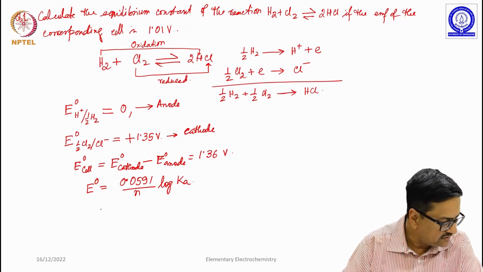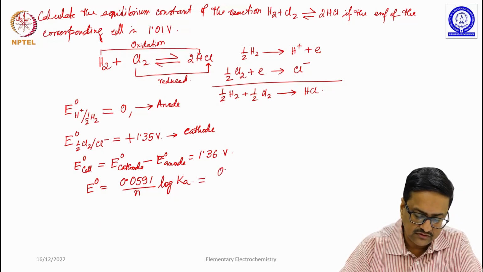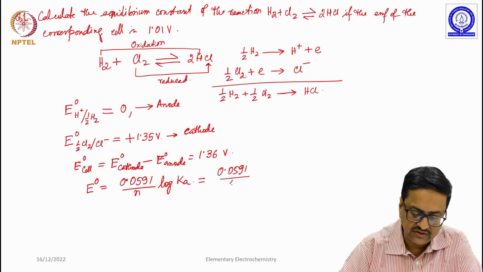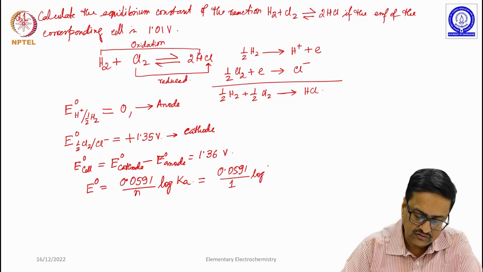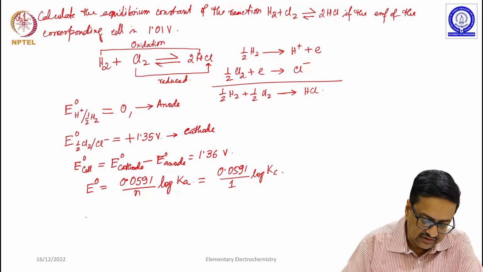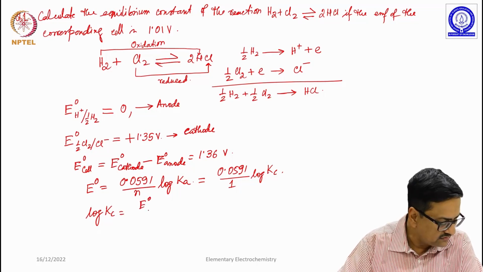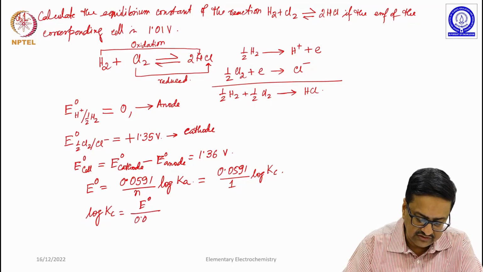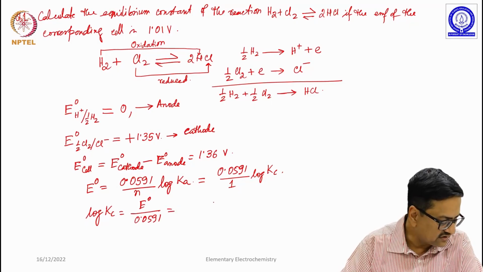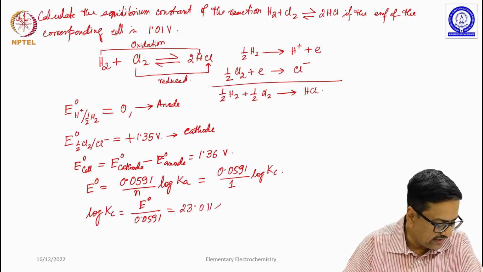Instead of activity one can convert it into log Kc, with the number of electrons transferred being 1. Then log Kc is equal to E0 divided by 0.0591, which turns out to be 23.0118.